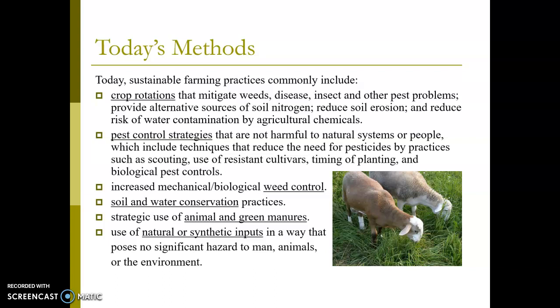So sustainable farming practices commonly include crop rotation, pest control strategies, increased mechanical and biological weed control, soil and water conservation practices, strategic use of animal and green manure, and use of natural or synthetic inputs in a way that possesses no significant hazard to man, animal, or environment.